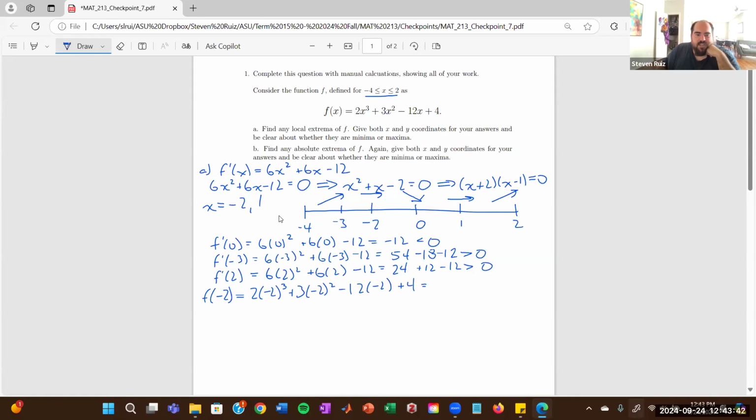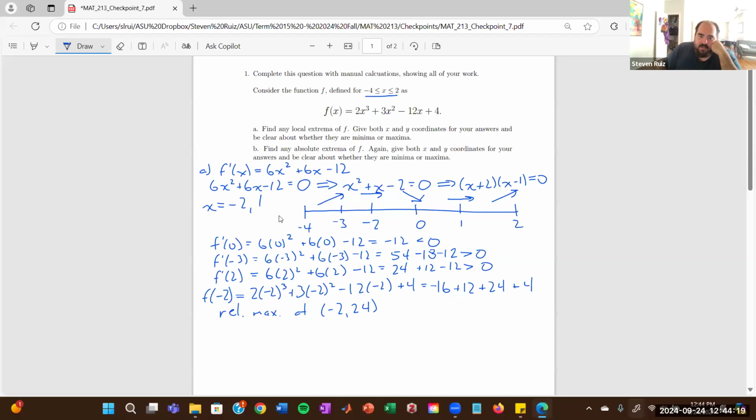So 2 times -8, that's -16, plus 3 times 4, that's 12, plus 24, plus 4. So what does that come out to be? 12 plus 4 is 16, plus 24 is 40, minus 16 is 24. Okay. So what does that tell me? I have a relative max at -2, 24. So that's one piece of information I want.